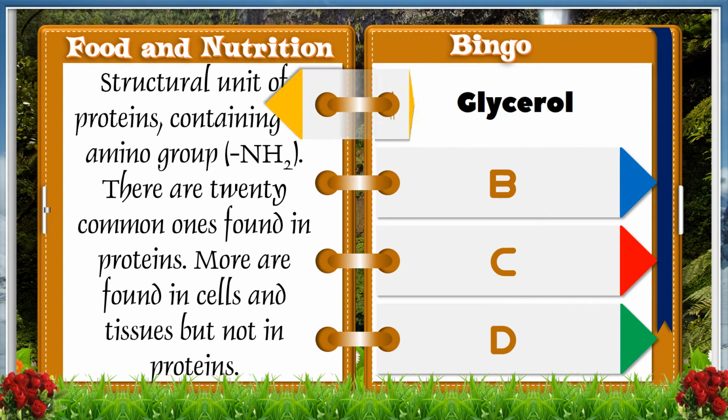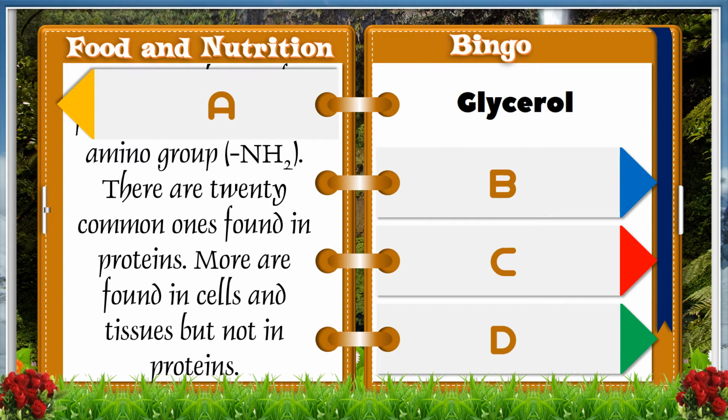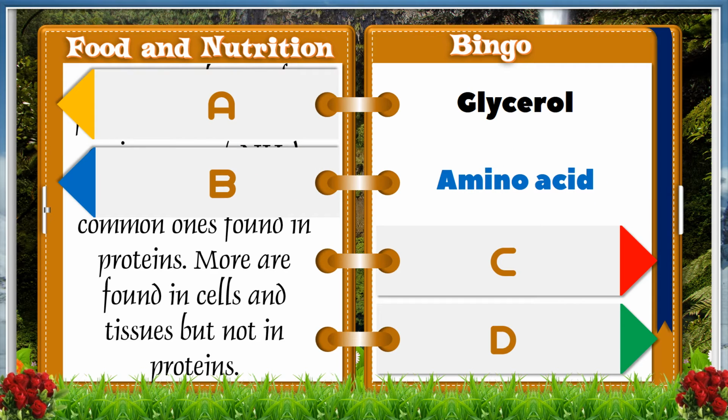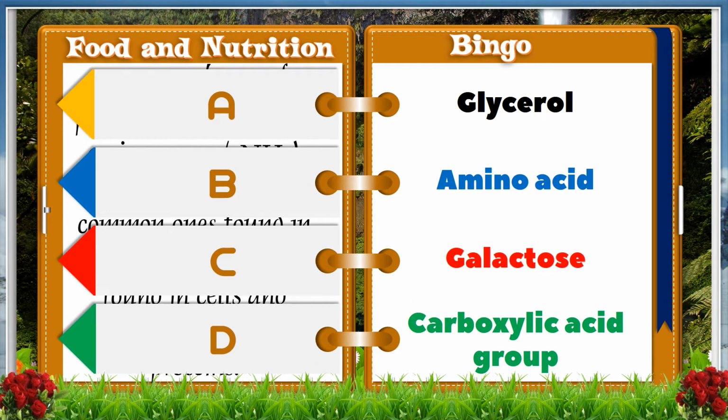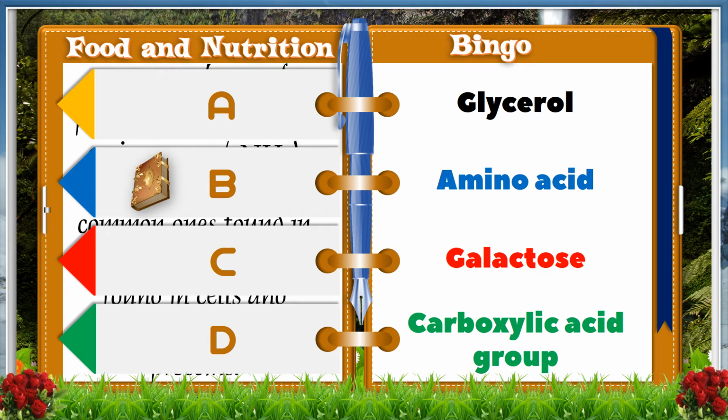Option A, glycerol. Option B, amino acid. Option C, galactose. Option D, carboxylic acid group. The answer is B, amino acid.